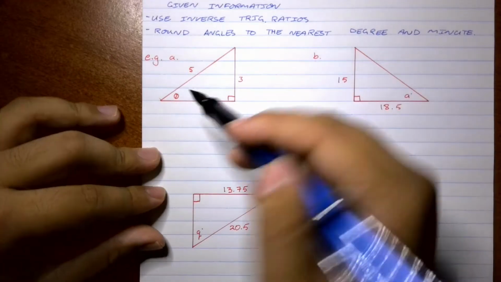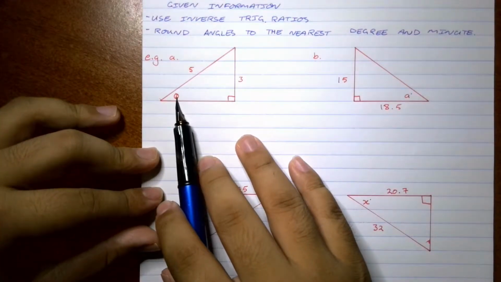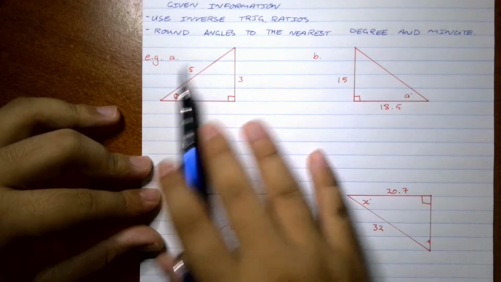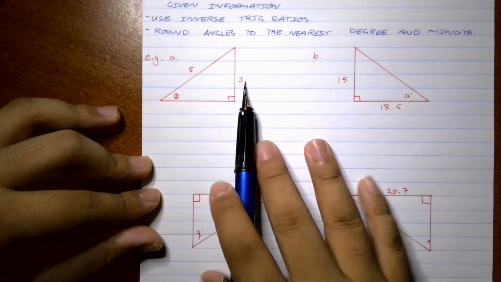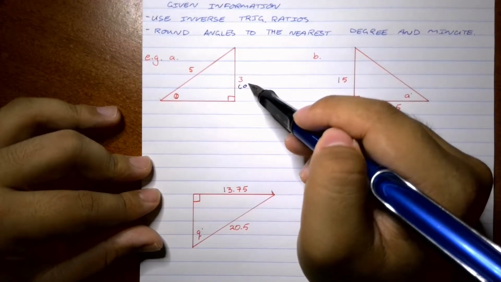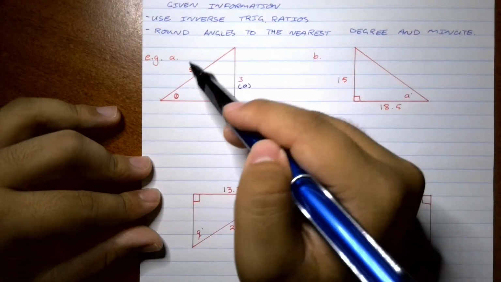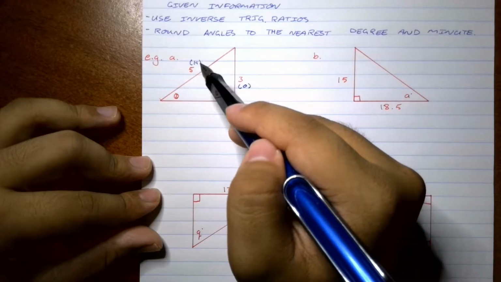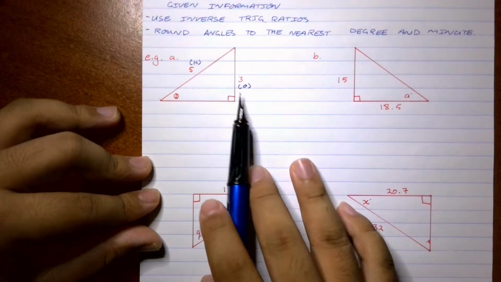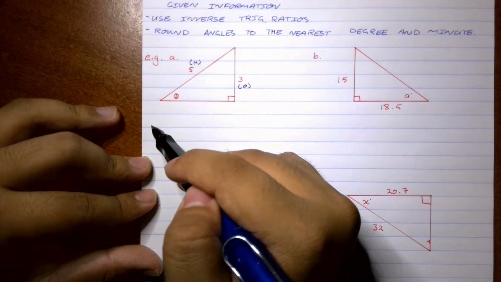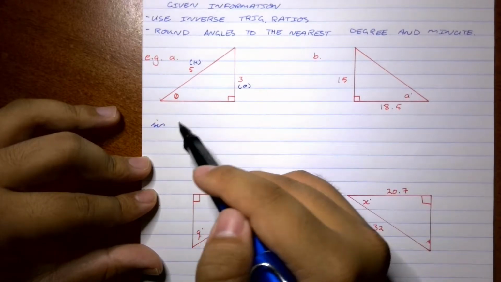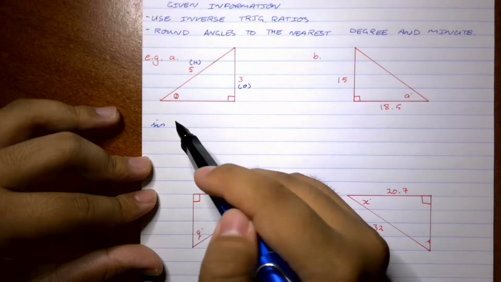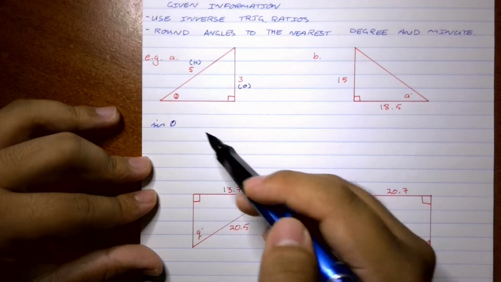In order to do that, we first need to figure out if it's sine, cos, or tan from this information. From our angle, we have the opposite and we have the hypotenuse. Opposite and hypotenuse would be sine. But it can't remain blank, it has to be sine of theta.